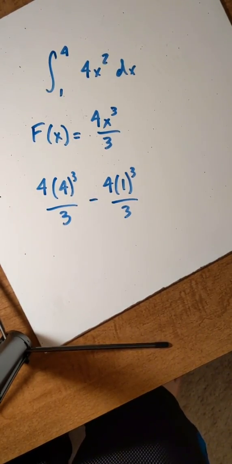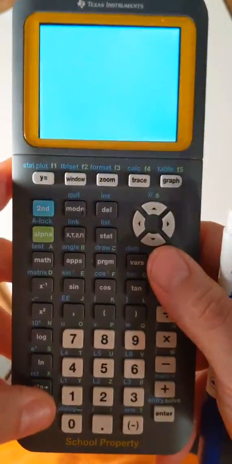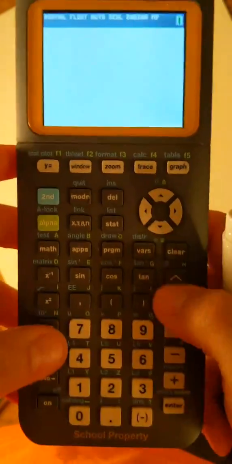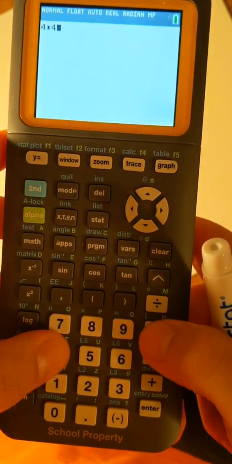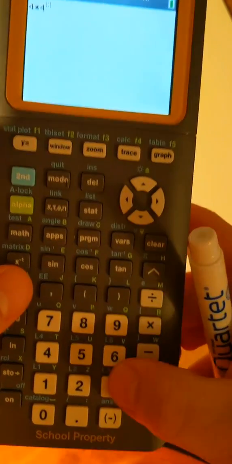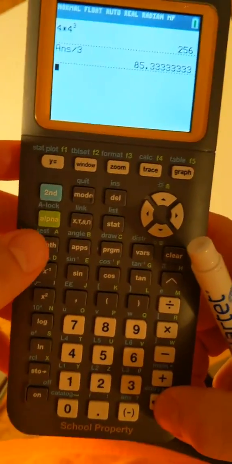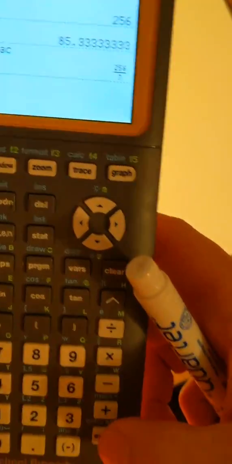All right, so I probably can do that in my head. It's like 256 over 3, but let me turn on the calculator. So we got 4 times 4 cubed, and then we're going to divide that by 3. Math, enter, enter. 256 over 3.